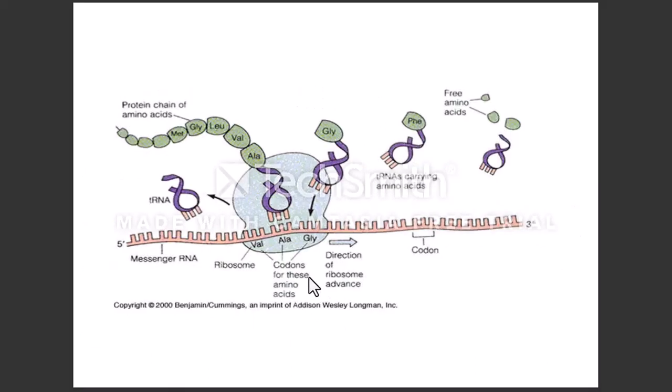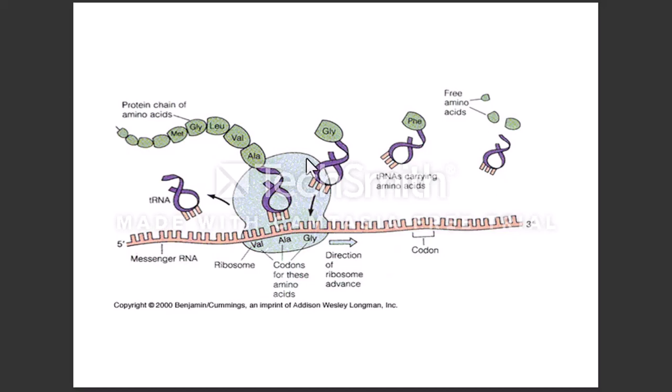So this is what happens. You have the messenger RNA that binds to a ribosome. This specific codon attracts some complementary codons, which are already bound to a specific amino acid.